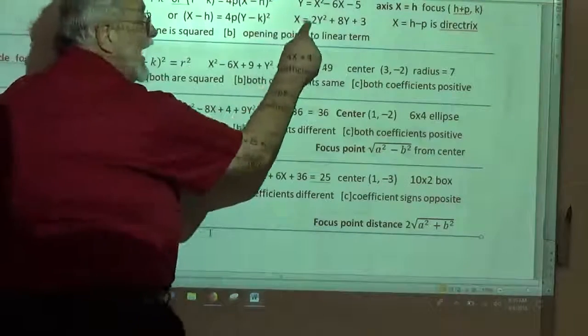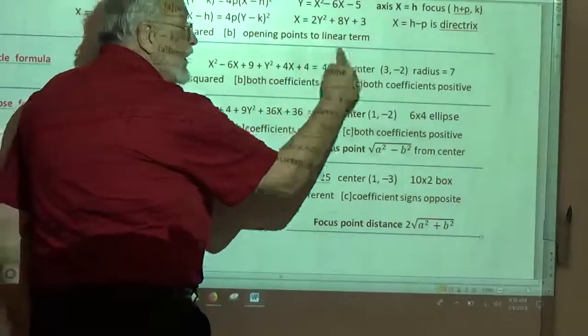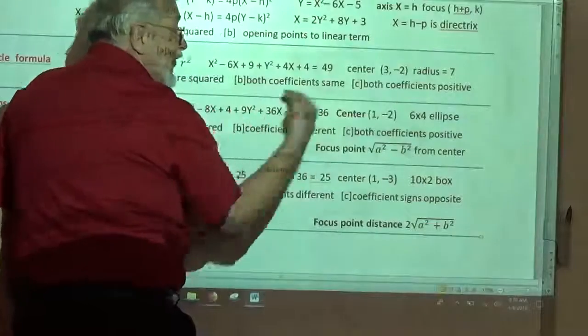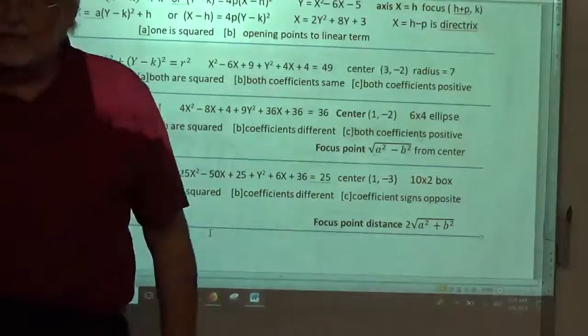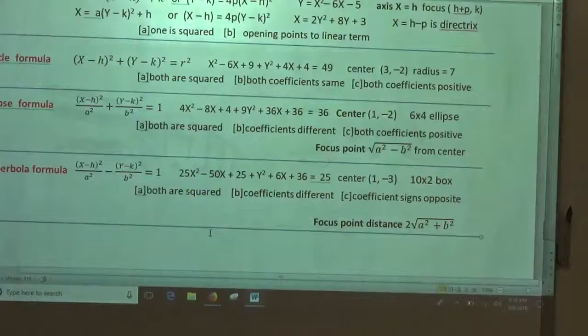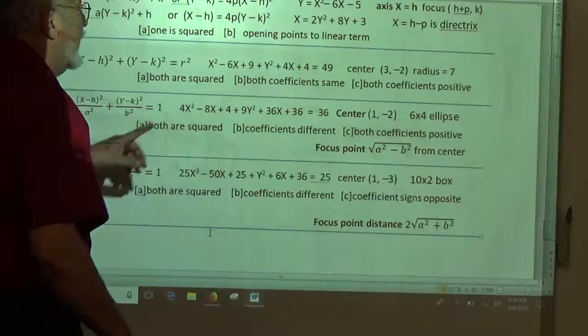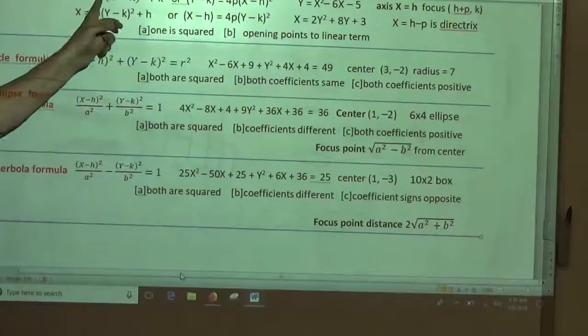So if I had a negative 2y squared, then it would be opening to the negative on the x-axis. You don't use those as often because they're not functions, because it's set up differently. But anyway, that's a parabola.